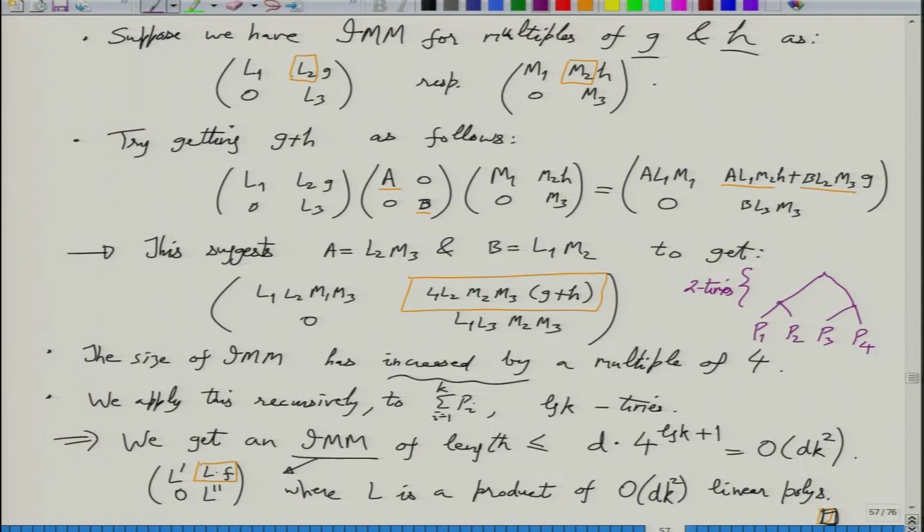I'm calling it 2 times, but it's obviously not 2 additions. The additions are more. You are adding P1 plus P2, P3 plus P4, and those two. It's actually k minus 1. Okay. Any other question?